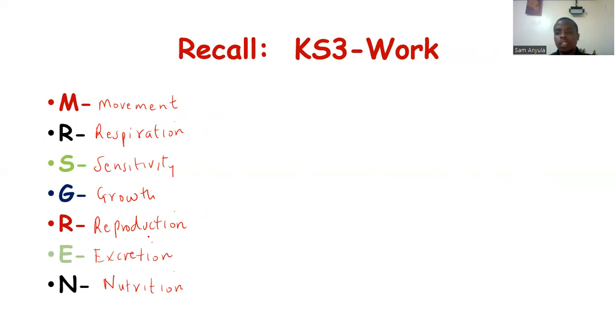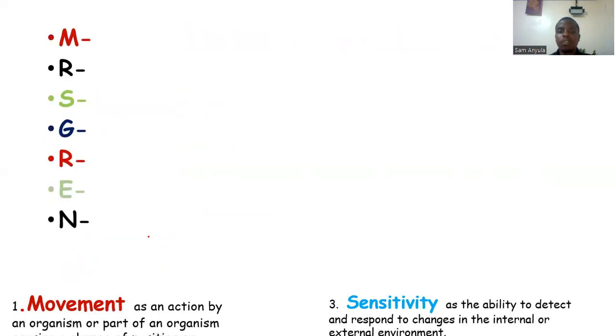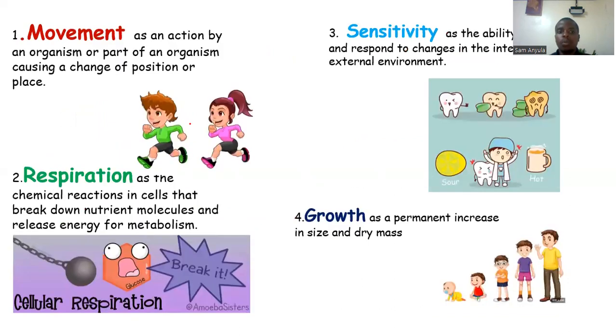Let's look into the description of each of these characteristics of living organism. When we talk about movement, if you put a stone somewhere or a cup, or let's say the desk or the chair, and you leave it there, it will stay there all the time, no matter what, unless it is moved by a living organism.